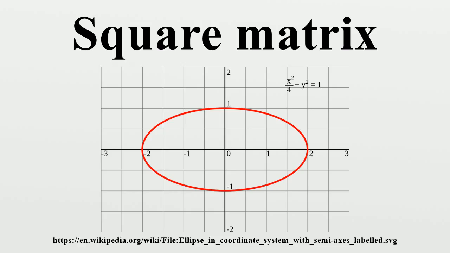Orthogonal matrix. An orthogonal matrix is a square matrix with real entries whose columns and rows are orthogonal unit vectors. Equivalently, a matrix A is orthogonal if its transpose is equal to its inverse, which entails A^T A equals A A^T equals I, where I is the identity matrix. An orthogonal matrix A is necessarily invertible, unitary, and normal. The determinant of any orthogonal matrix is either +1 or -1.